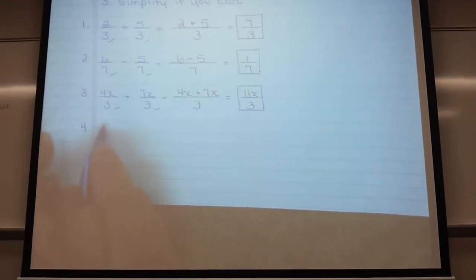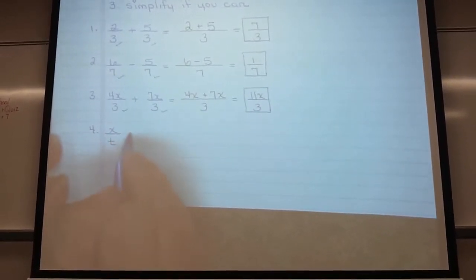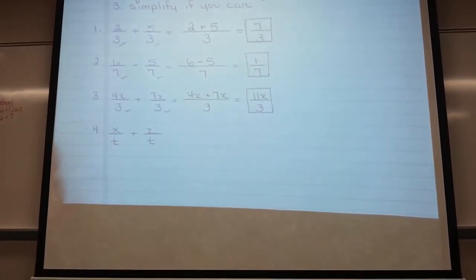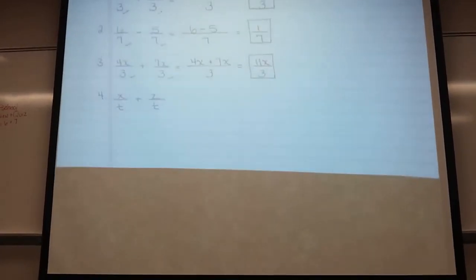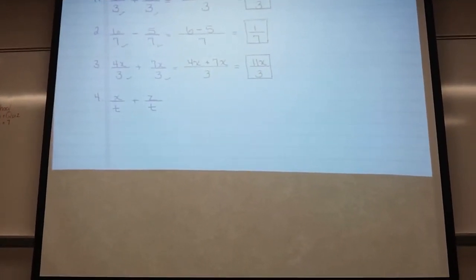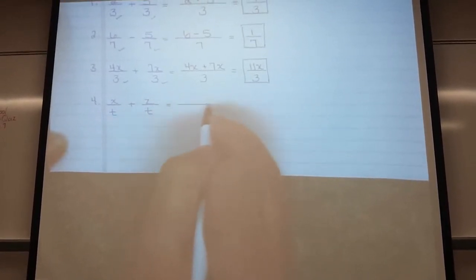Let's try x over t plus z over t. Well, keep your denominator, so it's all over t.